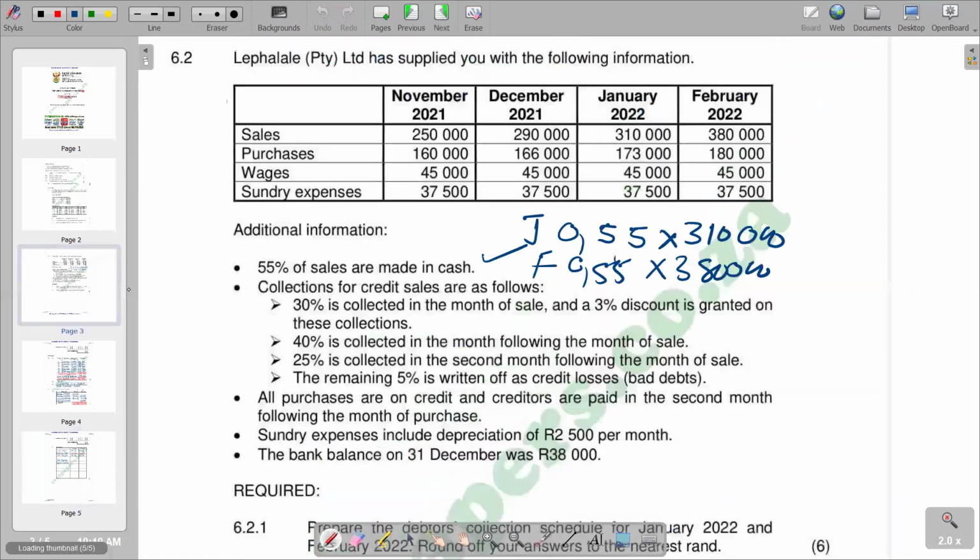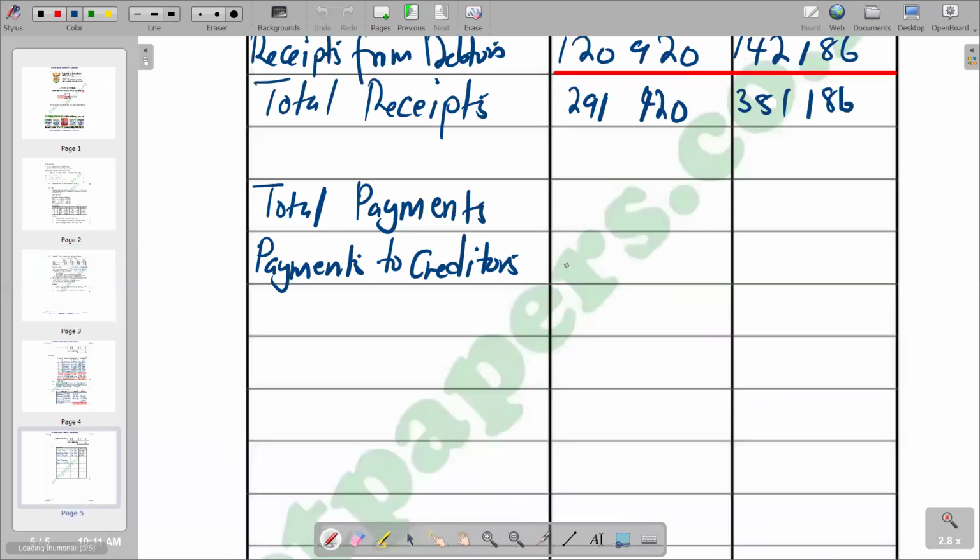Payments to creditors, we refer back to how we can calculate them. We are told here that they are paid in the second month following the month of purchase. So our credit purchases will be paid 2 months later. Counting months 1, 2, the payment in January is for purchases of November, which is 160,000.